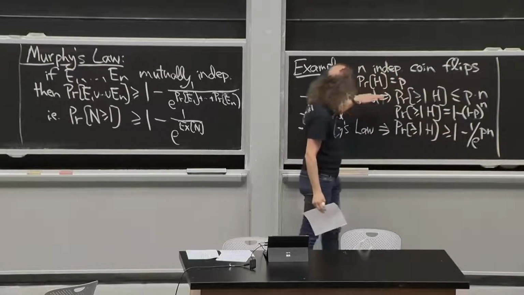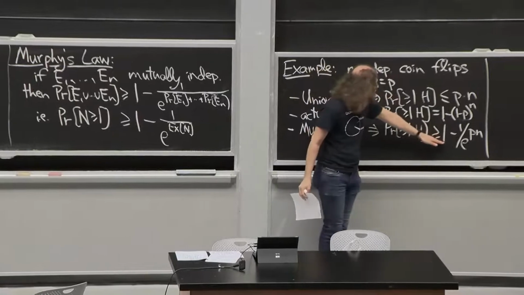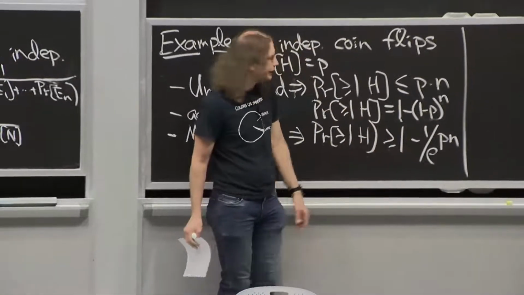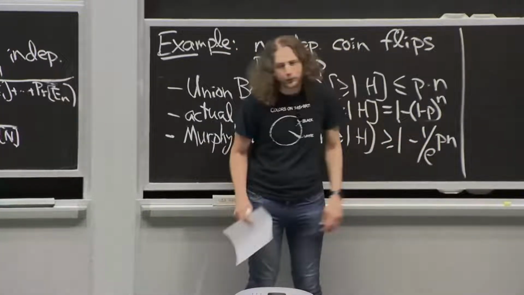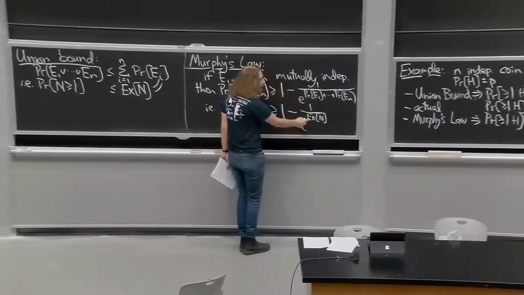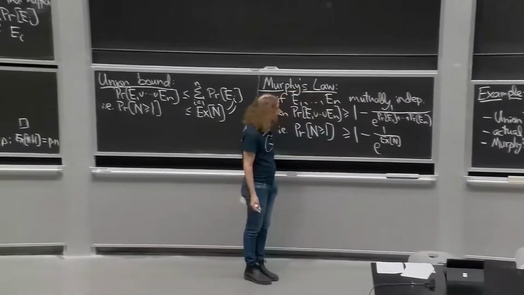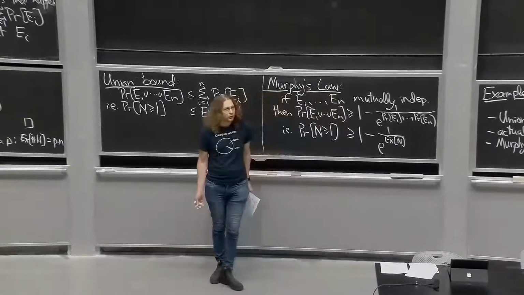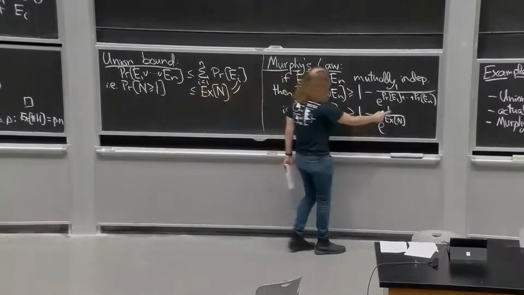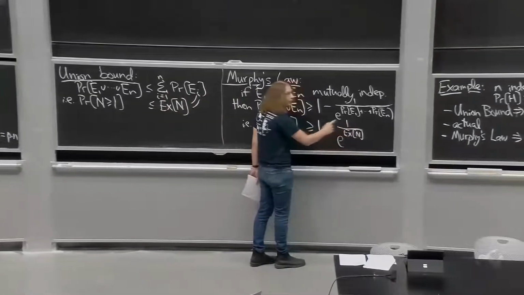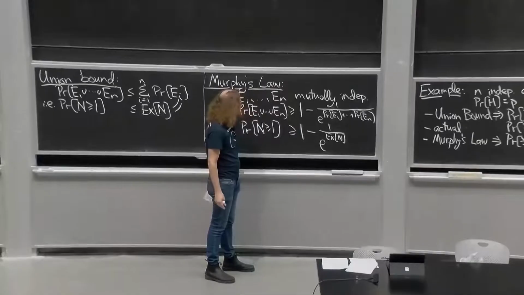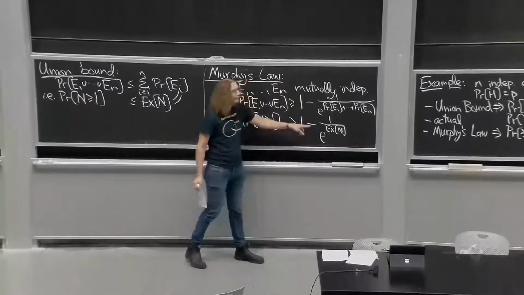So the bounds tell us it's somewhere between this thing that's kind of close to 1, especially if this exponent is large. So the point is here, this denominator increases exponentially with expectation. So that means this is going to be very small if expectation of n is large. And so that means this is very close to 1.